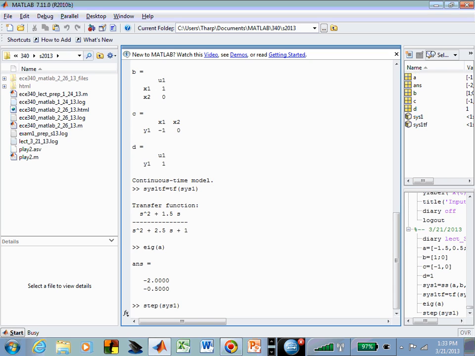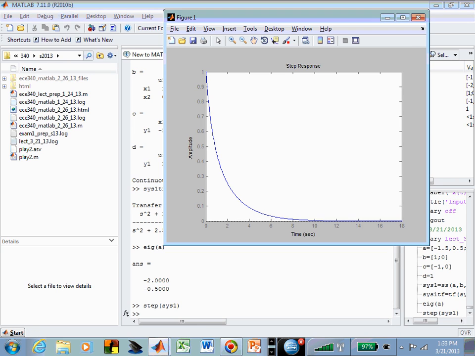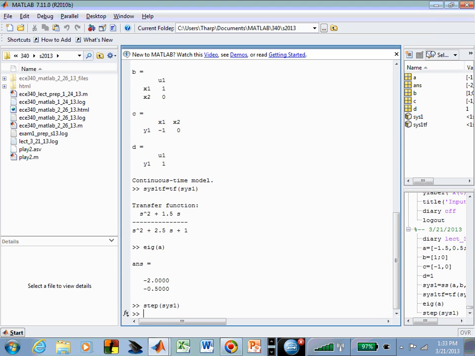Without doing hardly anything, MATLAB will honor our request and give us a step response. And does that make sense? We inject 1 into that system, which was s squared plus 1.5s over s squared plus 2.5s plus 1.